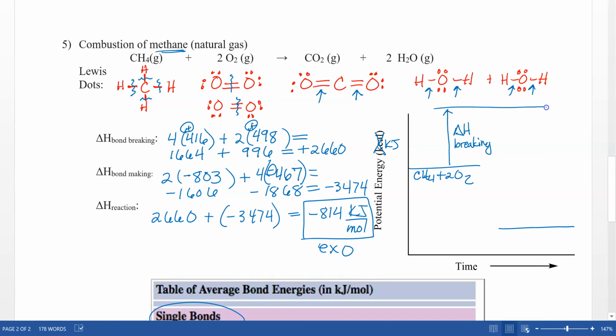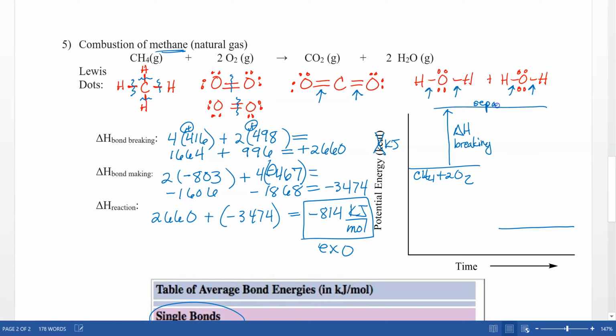Up here are going to be our separate atoms, as we broke everything apart. We broke all the carbons and hydrogens apart, and we broke both oxygens apart, so we've got all separate atoms on the top. And then we're going to go down for the making. This is our delta H for making our bonds. Let's plug in our values.